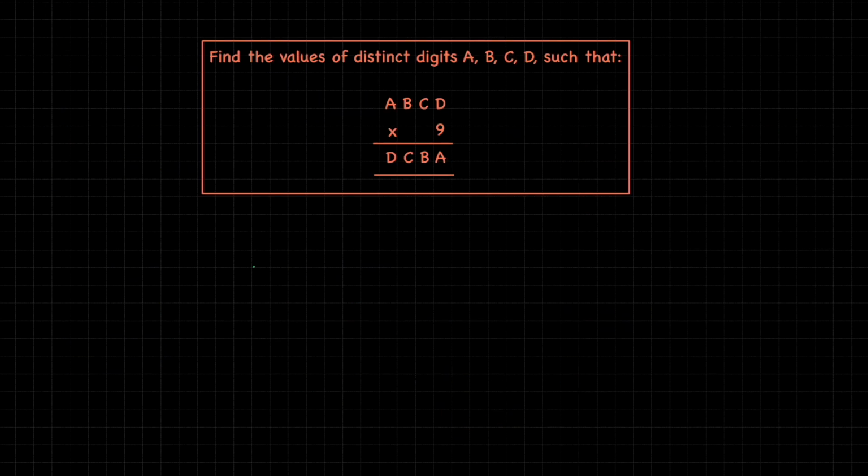As a final step, let's verify that our calculation checks out. A was 1, then 0, 8, 9. That's the solution we came up with.